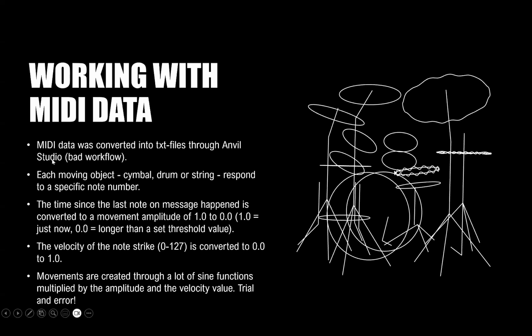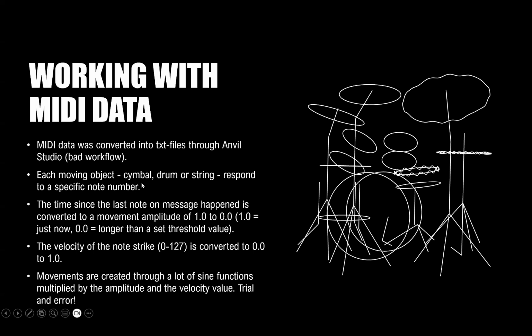Anvil Studio was the software I used. But then, of course, I made a lot of changes and changes again and changes again. So I did it many, many times in the end. If I would do this more, I would probably try to program a component that would translate the MIDI data so that you could open the MIDI file directly in Grasshopper and use it. But now I had to do this somewhat cumbersome process.